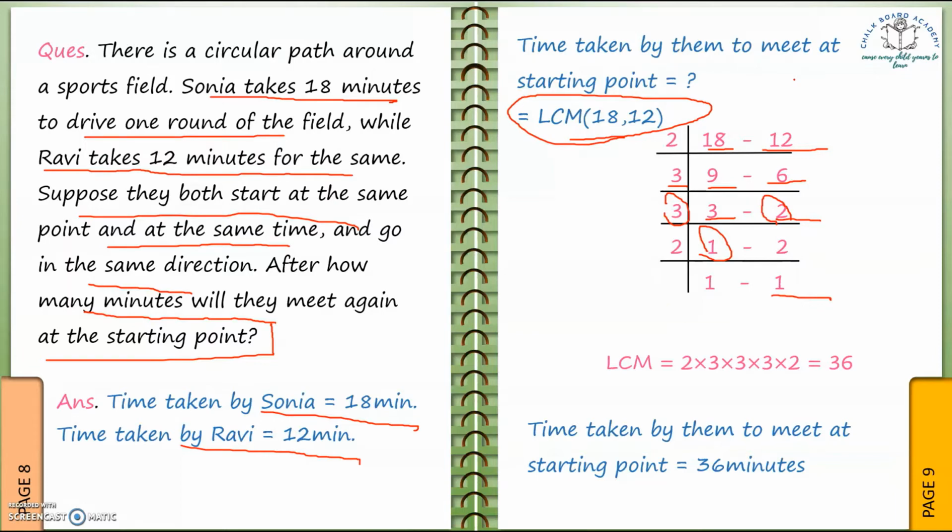Now both the numbers we have reduced to 1. So the LCM of these two numbers will be the multiplication of these four numbers, that is 2 into 3, that is 6, into 3 into 2, again 6, 6 into 6, that is 36. So the time taken by them to meet at the starting point will be 36.